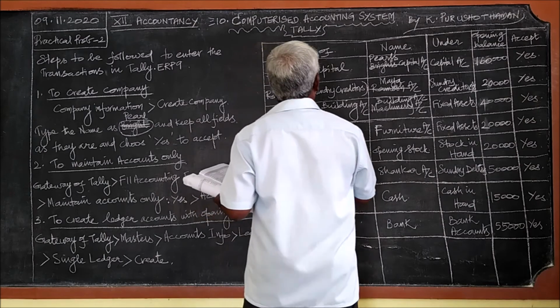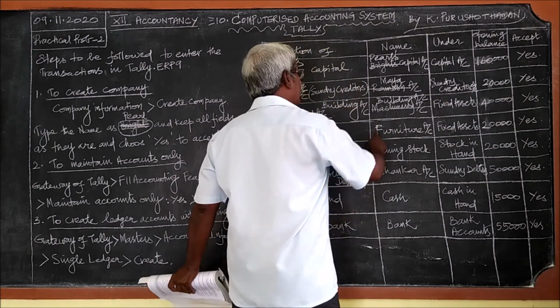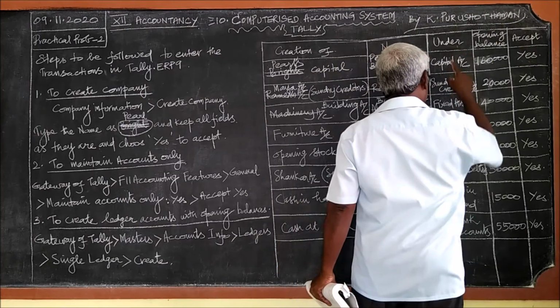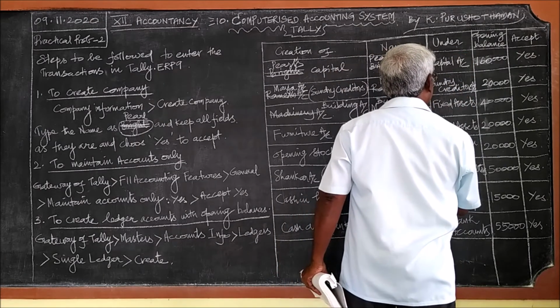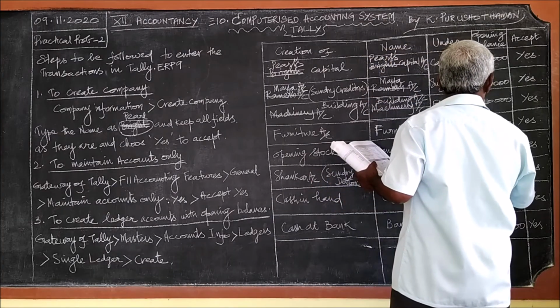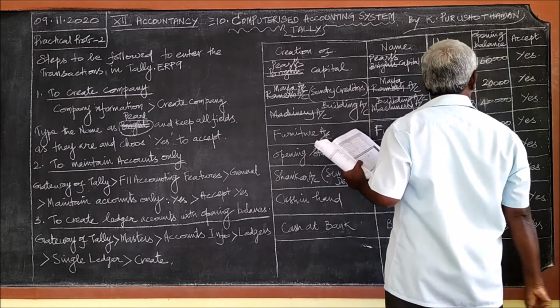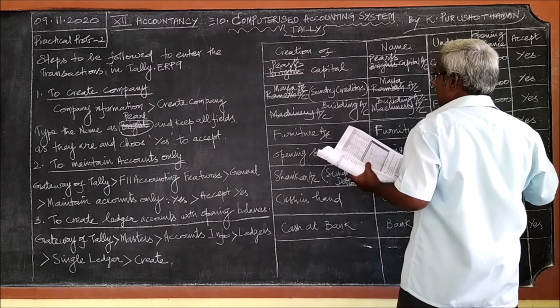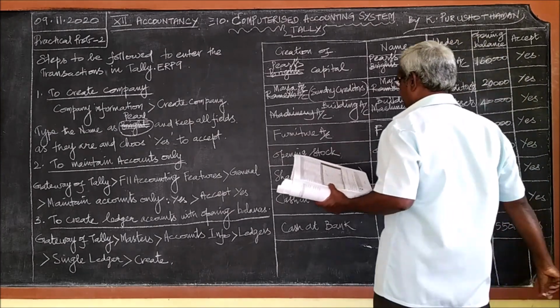Therefore, creation of opening stock. The name of the account will be opening stock. Under what heading should it be written? Stock in hand. The value of this opening stock is 10,000. Since the process is over, give yes to accept.